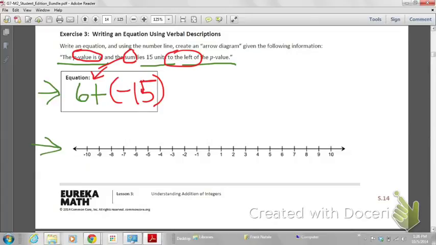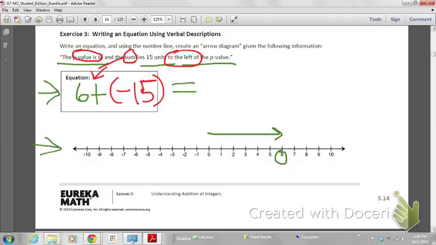6 plus negative 15. To make that an equation, and you might remember, making an equation, we need an equal sign. And so we need to know what the answer is. So let's go ahead and do our arrow diagram down here. So we had 6. We start from 0, go to 6. That's our p-value.